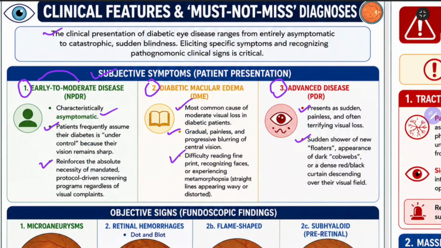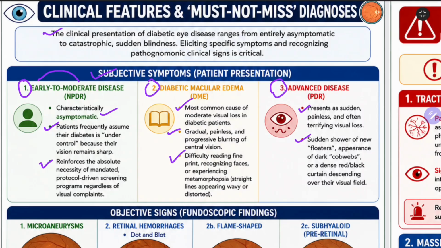Sudden shower of new floaters, appearance of dark cobwebs, or a dense red or black curtain descending over their visual field. So some curtain coming in front, or a sudden shower of floaters. The curtain is seen when there is tractional retinal detachment, and floaters they will experience when they have vitreous hemorrhage.